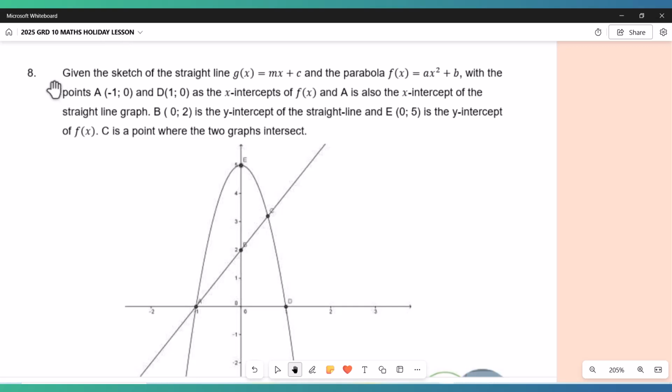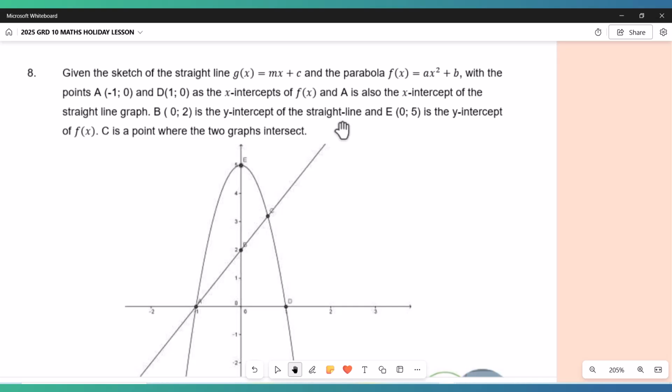It says that given the sketch of the straight line g of x, which equals mx plus c, and the parabola f of x equals ax squared plus b, with the points A, this is point A, and D, which is (1, 0), as the x-intercept of the function f.